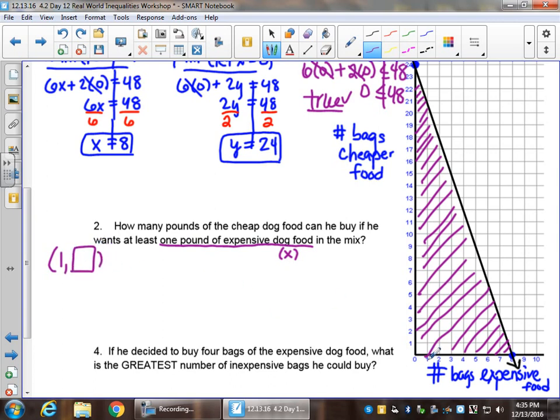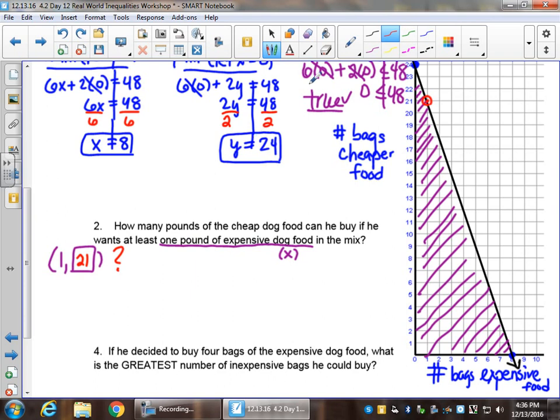Well, I go to 1 on my x-axis and I trace this all the way up. I think 21.